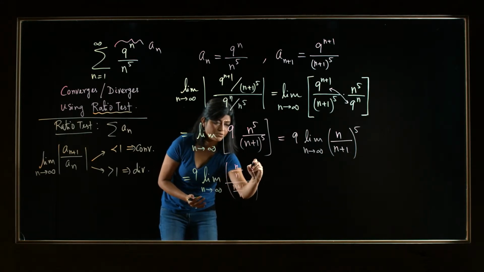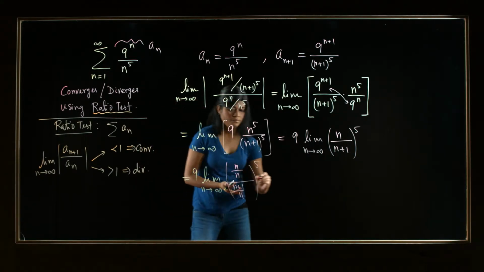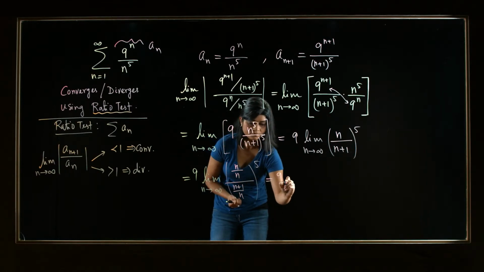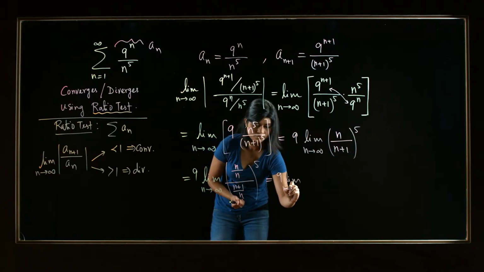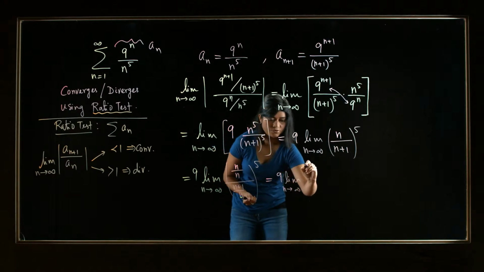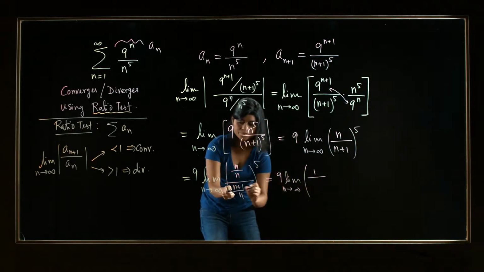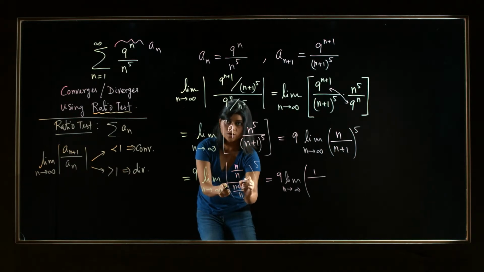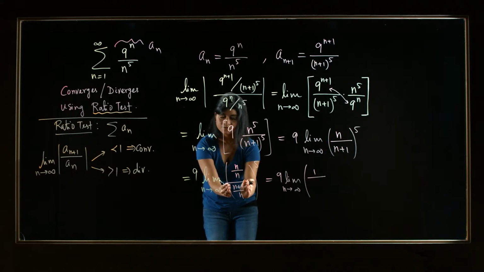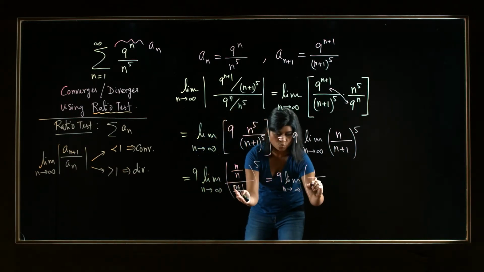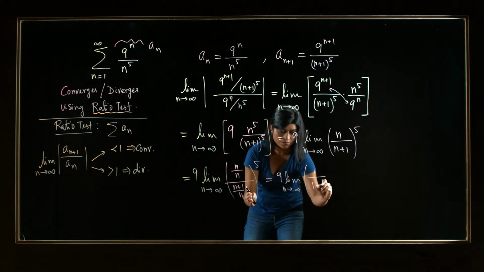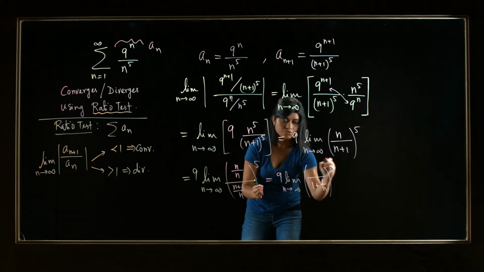Whole thing raised to the 5. So, n over n is 1 in the top. Bottom, you have n over n plus 1 over n. You can split it into two fractions. So, n over n is 1 plus 1 over n. Whole thing raised to the 5.